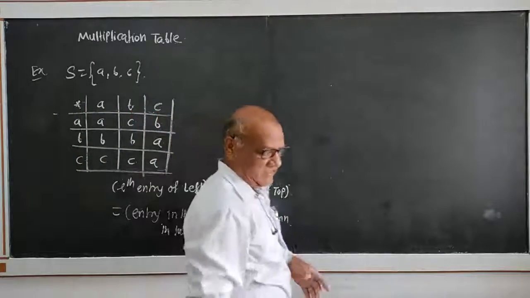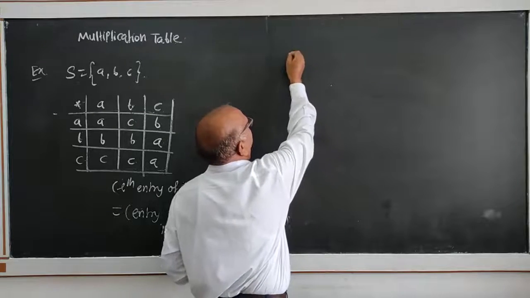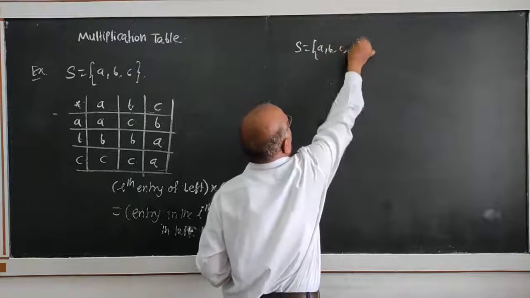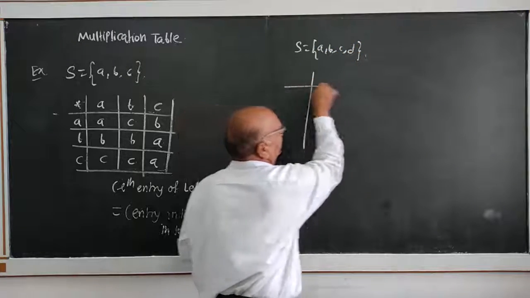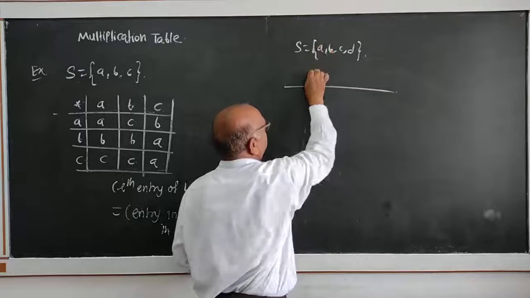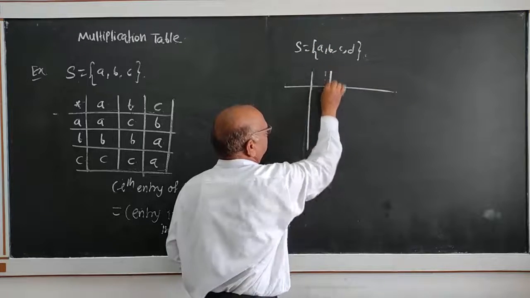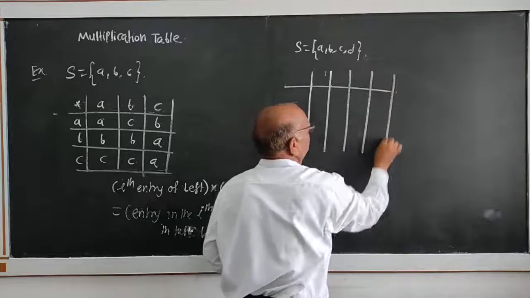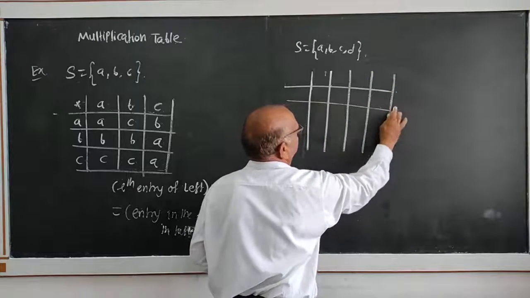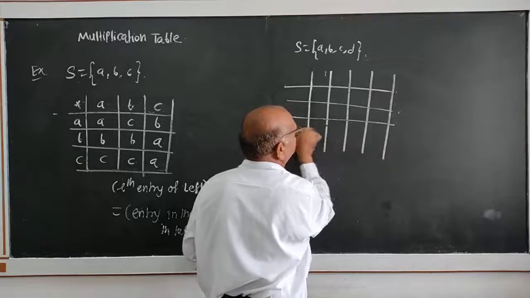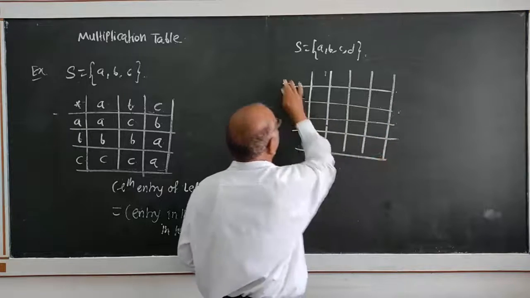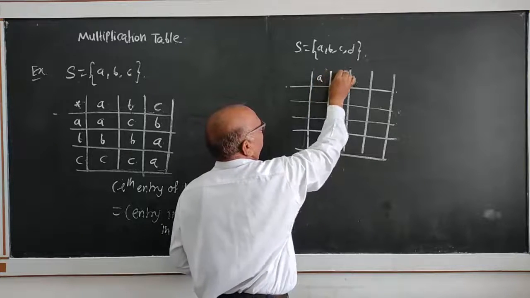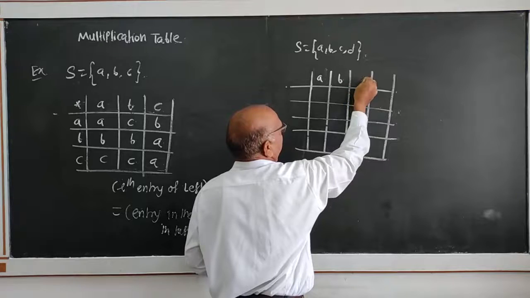Another example: here S is equal to {A, B, C, D}. Draw the table. List the elements of S as the top of the columns.